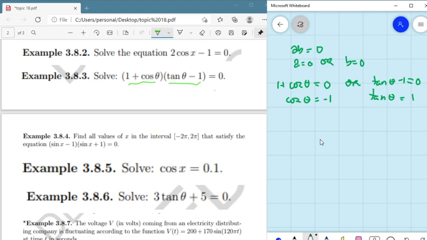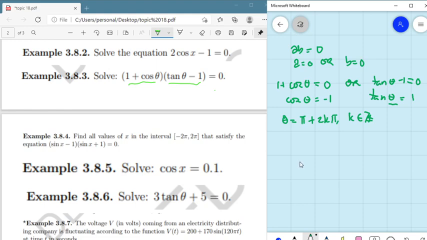So in this case, theta here is equal to, where is cosine theta equal to negative 1? Cosine is negative 1 at pi, right? So theta is pi plus 2k pi, wherein k is in the set of all integers. Whereas in here, tangent is 1 at pi over 4.